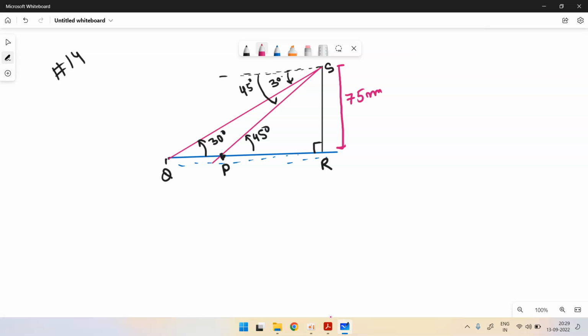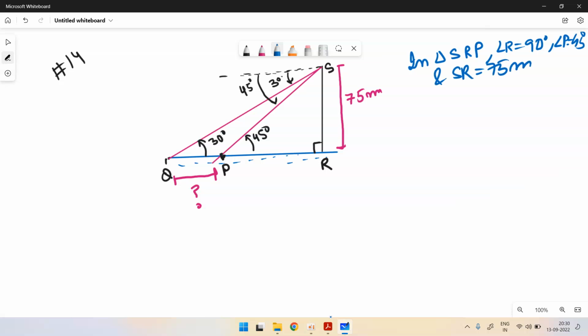What you need to find is the distance between the two ships, which will be PQ. So applying the basics, in triangle SRP, angle R is 90 degree, angle P is 45 degree, and SR is given to be 75 meters. So what is tan 45 degree?